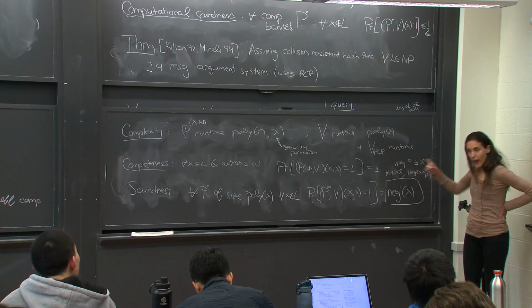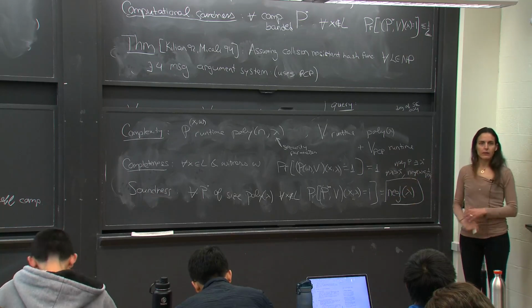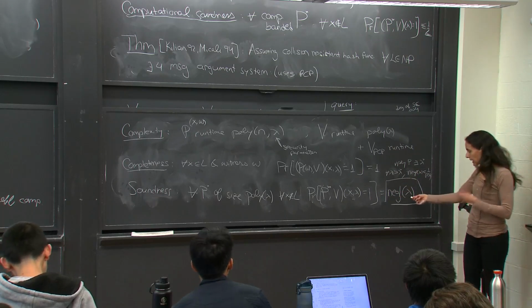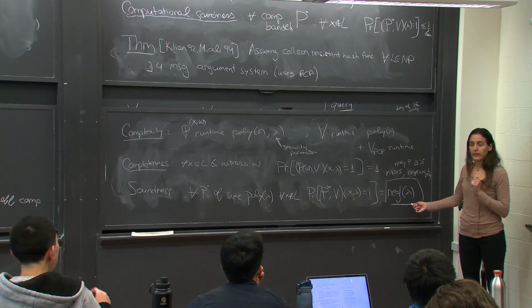So it vanishes faster than any poly if you go above some constant. That's the definition of negligible.